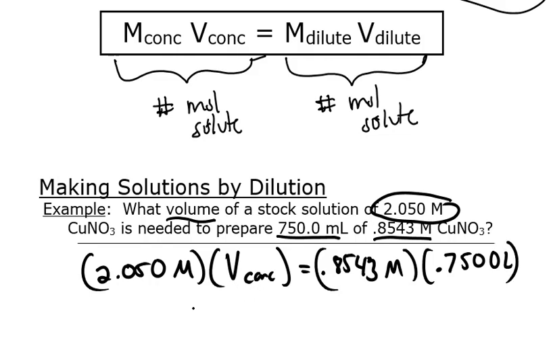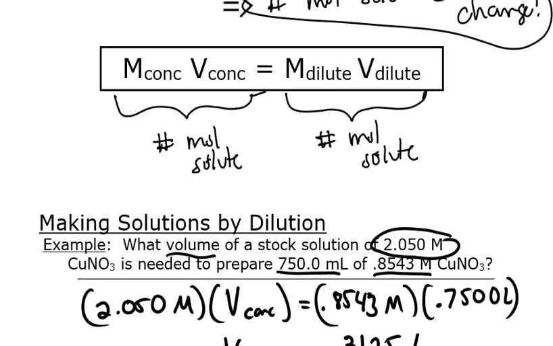All right, then you solve for the concentrated volume by dividing both sides by 2.05 and multiplying these other two numbers, and you'll get an answer of 0.3125 liters. So in other words, about 312.5 milliliters of concentrated solution is needed to make that dilution.